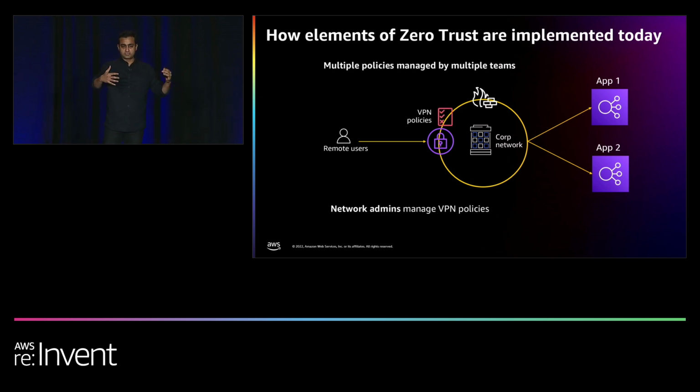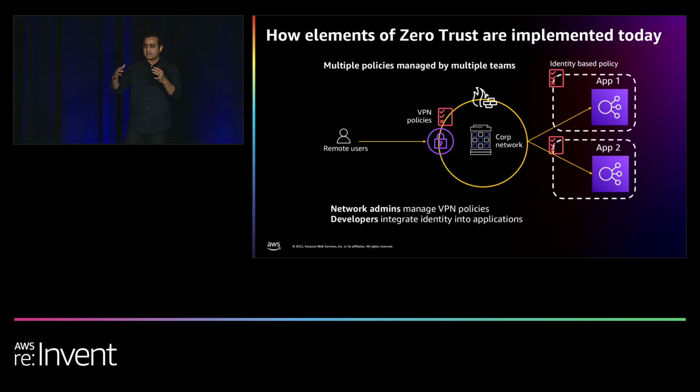Then for remote access, you have the VPN policies. Then the application developers integrate their application with the identity provider with the help of the security team. They get guidance from the security team on what policy they should set, who can access their application. Someone can access only a few applications, but somebody else can access all the applications. So you set all those policies.